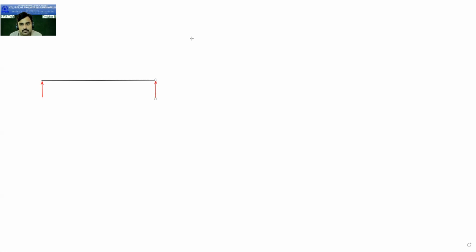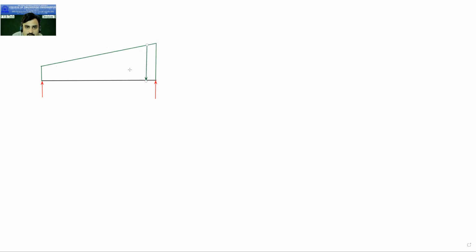And the load which is given to us is this type of load, trapezoidal load, which is acting vertically downwards.